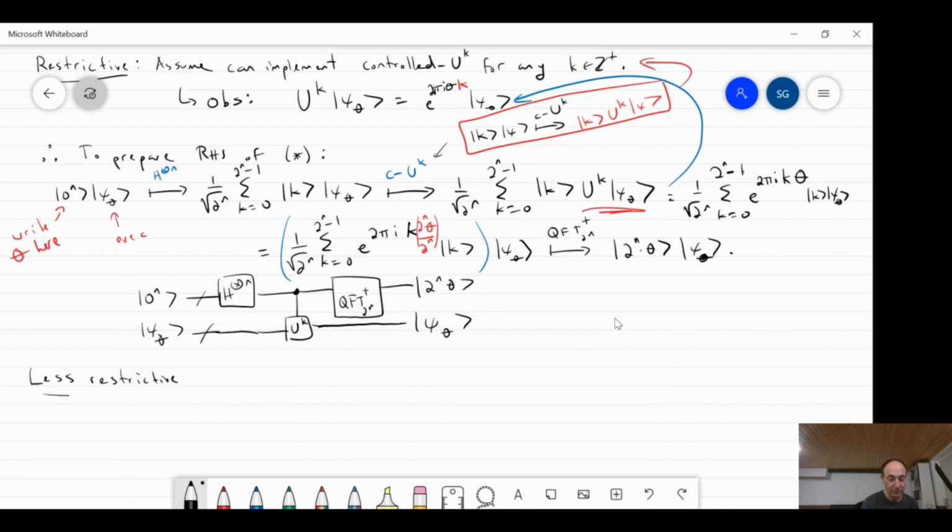But if you want to be less restrictive, let's assume something slightly weaker: not any power k, but only powers which are powers of 2. So I can only do controlled U for powers of 2. It's a more restricted, lighter assumption, if you will, for k greater than or equal to 0, an integer.